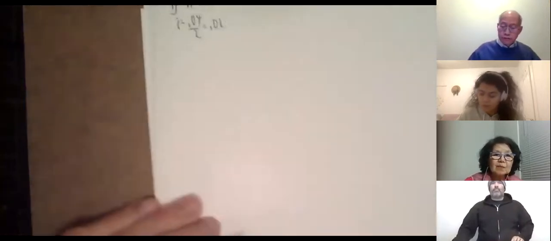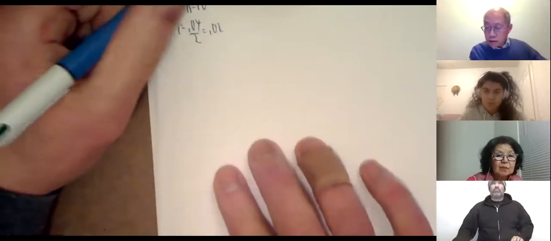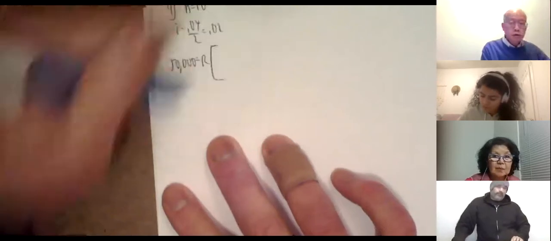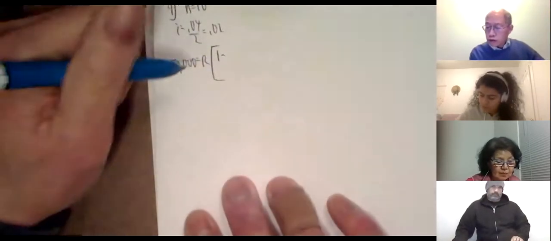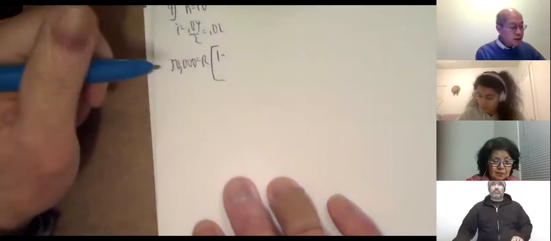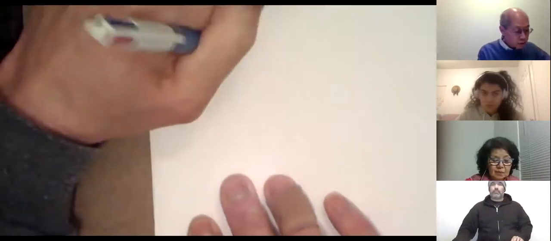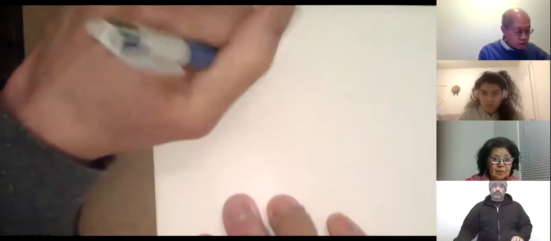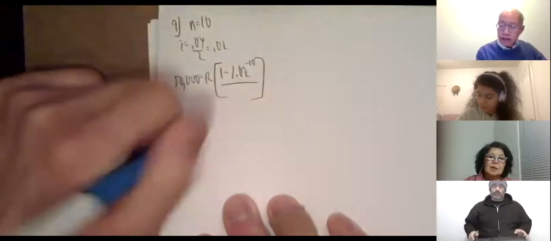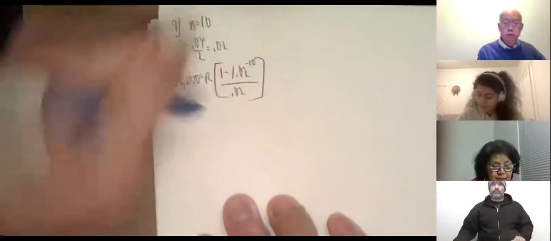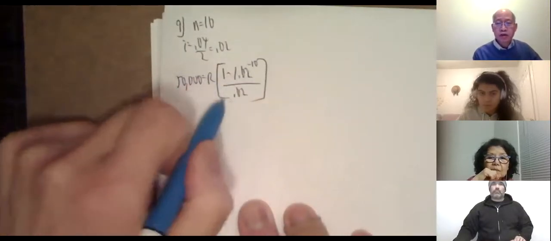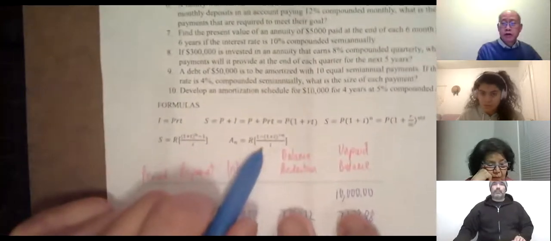Okay, so here we go. 50,000 equals R times (1 minus 1.02 to the negative 10) divided by I, which is 0.02. By formula, R bracket 1 minus (1 plus I) to the negative N, divided by I. Make sure you have it on your cheat sheet.